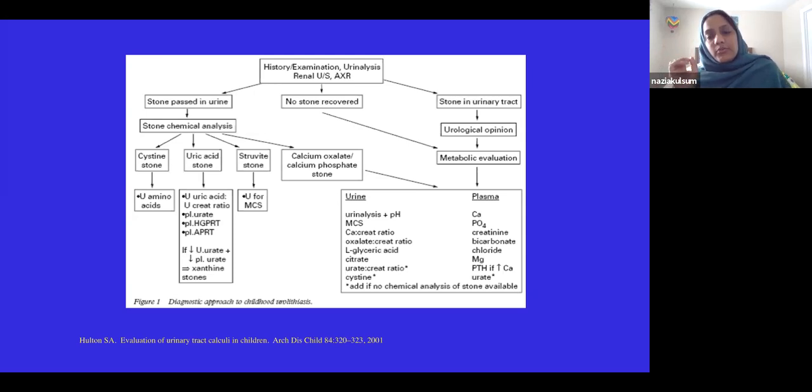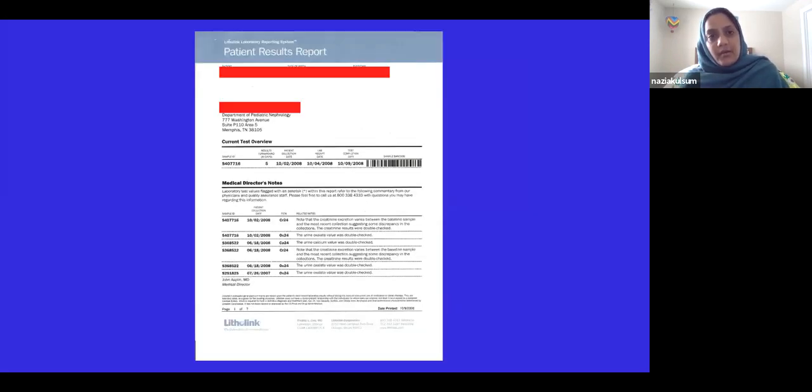The main thing is also to obtain a good nutritional or dietary intake history. So ask them what their typical foods are for breakfast, lunch, and dinner, how much milk they drink, how much water they drink, and how much salt content is in their food. Those are things that will help you evaluate whether this patient can be treated with diet changes alone or whether you want to do medications.